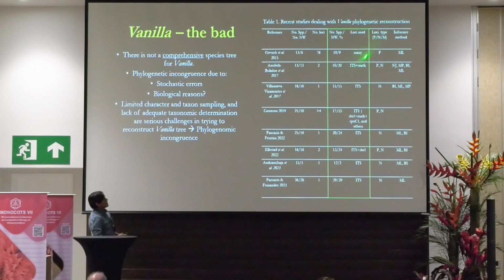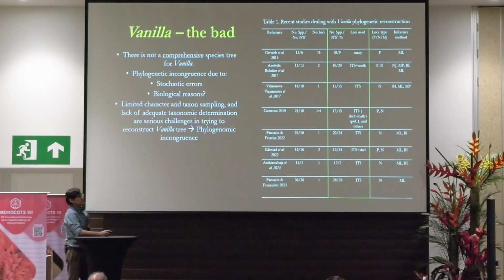But if you look at this column, which is the low side, basically we haven't moved from ITS. So that's something that, I'm begging you, right? I'm begging you, and I don't know what happened, but we definitely need to transition from ITS to high-throughput sequencing methods. Also, phylogenetic incongruence is not uncommon in vanilla systematics.